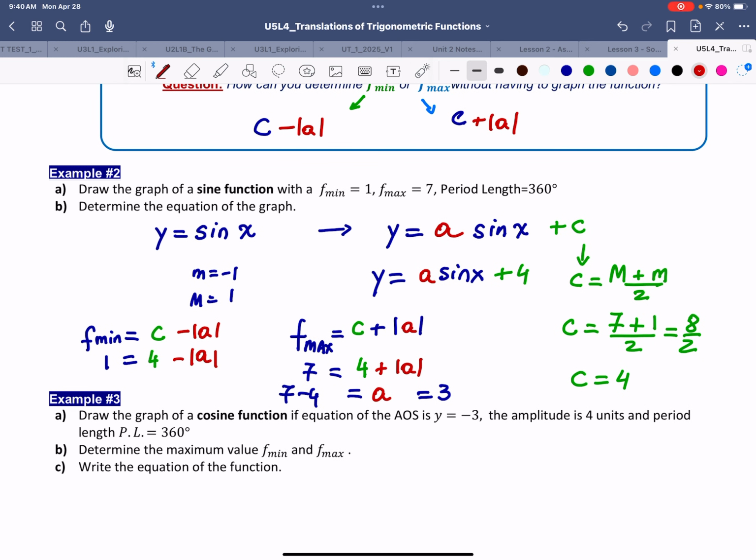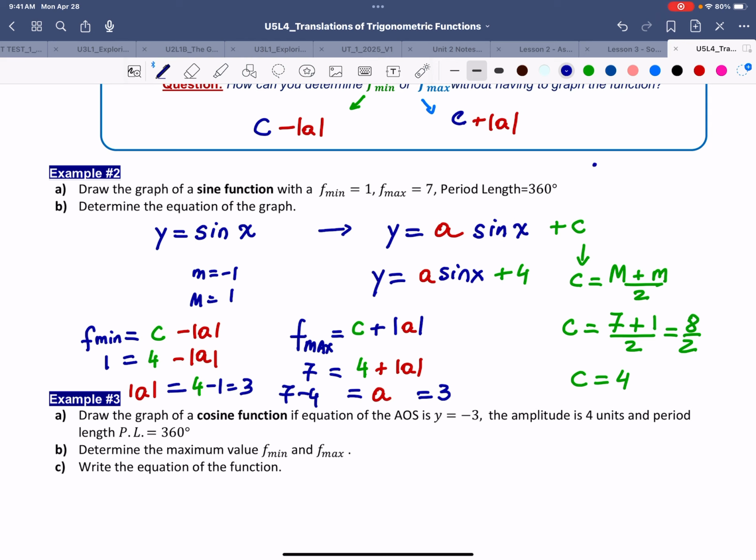And if you take this term to the other side of the equation, then you get the amplitude, which is equal to 4 minus 1. And 4 minus 1 is equal to 3. So as you can see, we end up with the same a value found in two different ways.